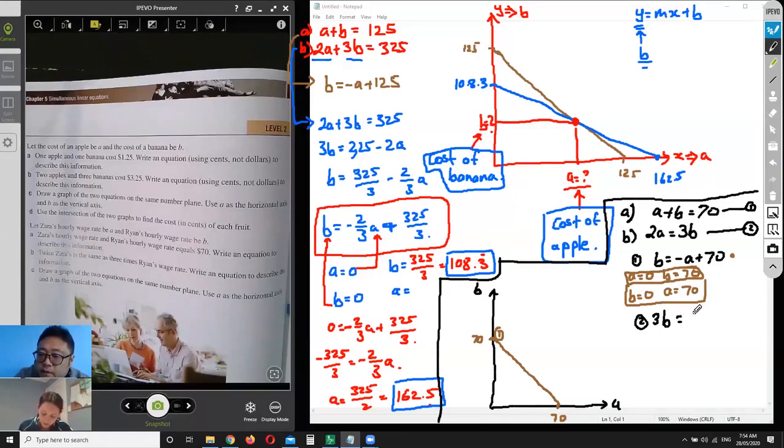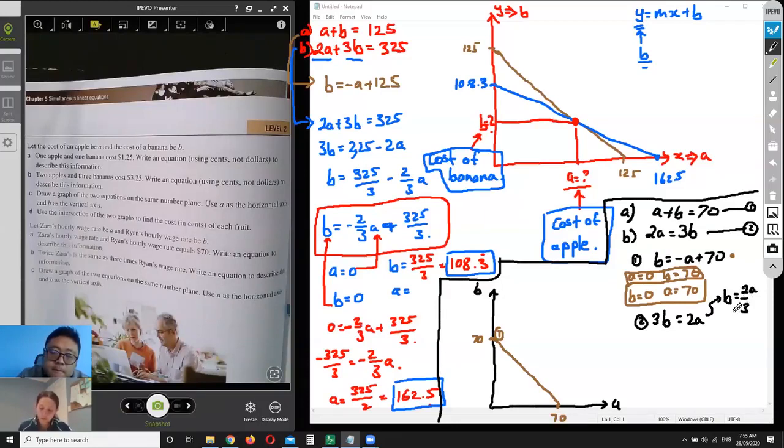Let's swap them around first so that the B's out the front. Currently you've got the 2A out the front. Swap them around so that the B's out the front. So you divide the 3 over by the 2A, don't you? Good. So what would that be? Is it 2 over 3A? Good.